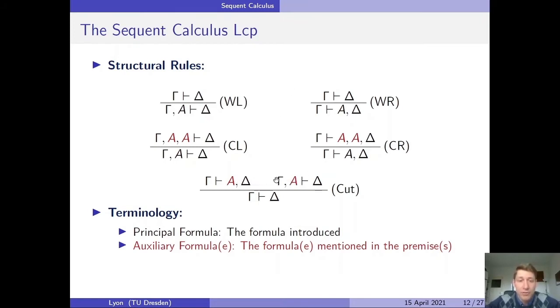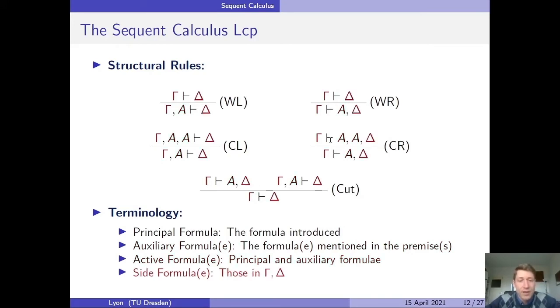The cut rule has two, as do the contraction rules. The two copies of A are the principal formulae in the contraction rules. Again, active formulae are those which are either principal or auxiliary. Side formulae are those that sit to the side of the inference and aren't used in it whatsoever. And then the auxiliary formulae of the cut rule are also referred to as cut formulae.